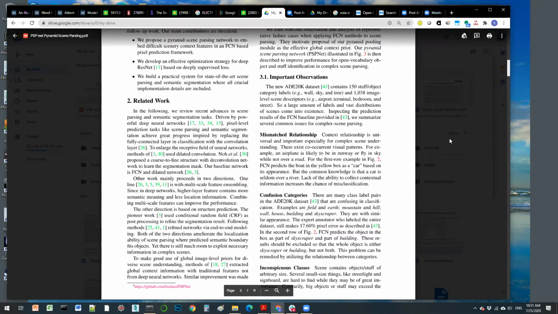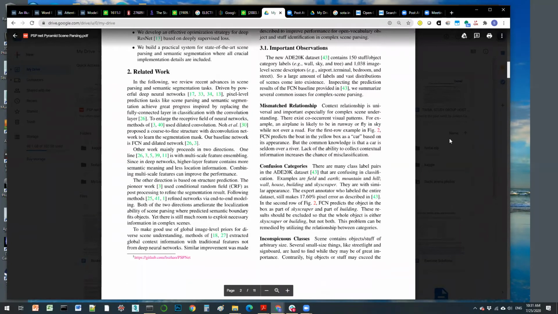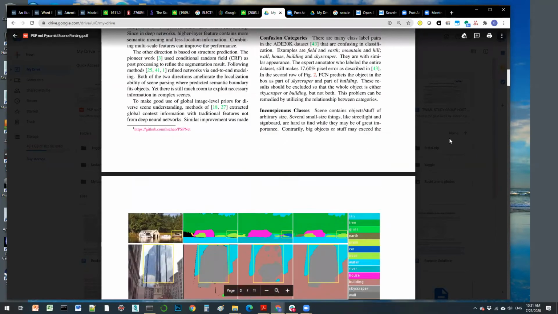The entire goal of whether it's UNet or this paper is to bring in awareness of the context so that you can choose and classify the pixels into the appropriate classes.